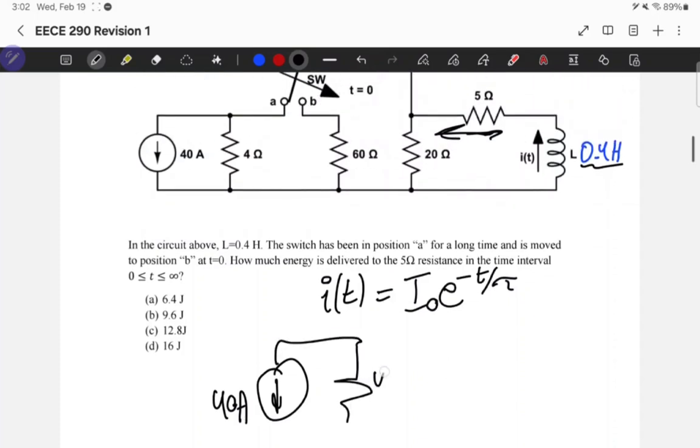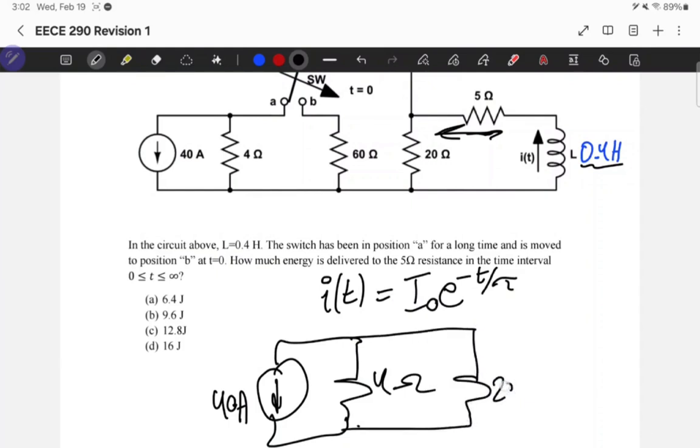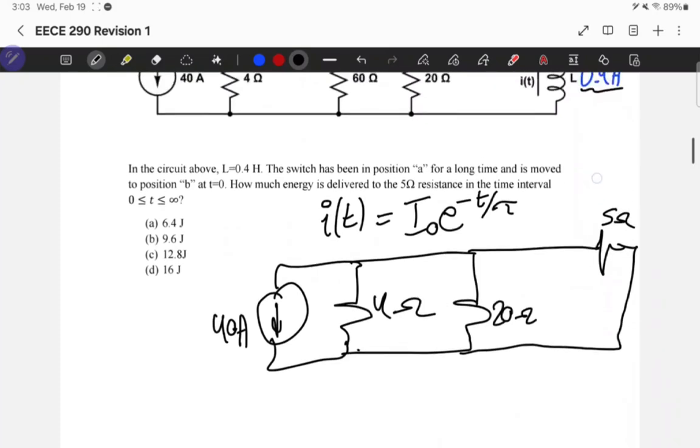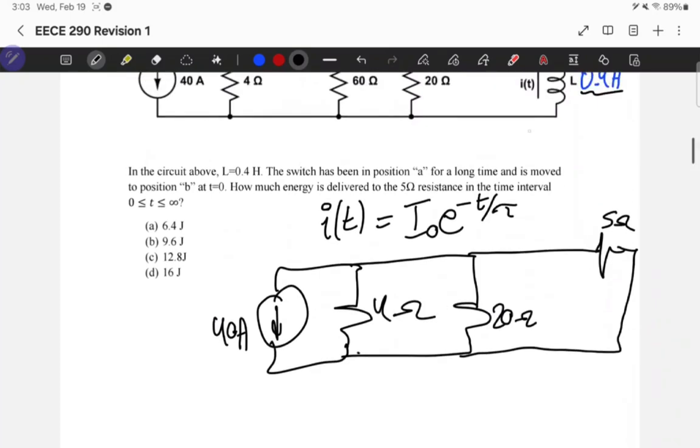We have a 4 ohm, a 20 ohm, a 5 ohm, and then a short circuit, because an inductor at DC level of voltage and current is a short circuit. More specifically because V equals L dI by dt, and if I is constant because we're at steady state, then this is 0, and voltage 0, this means that the inductor is a short circuit.